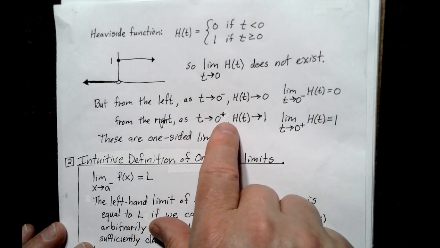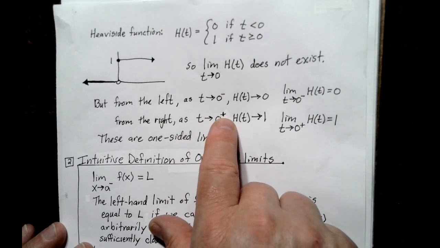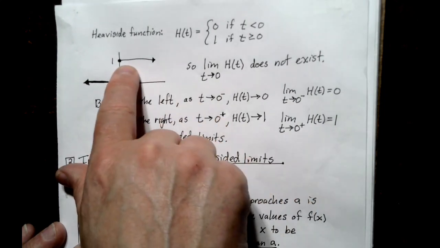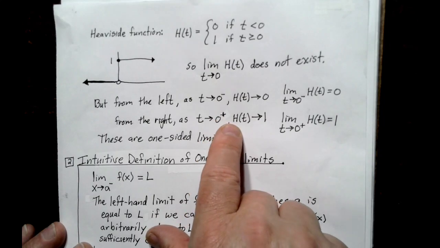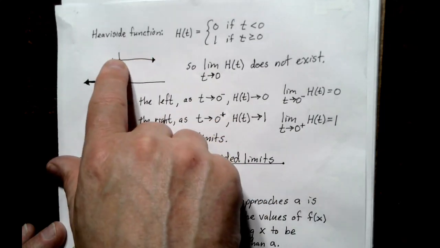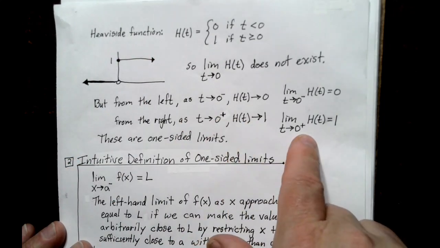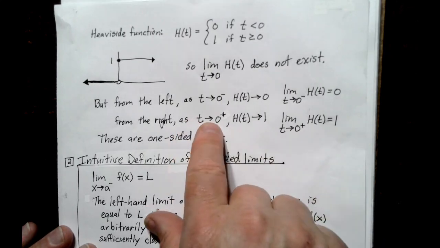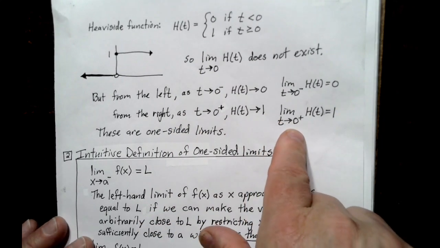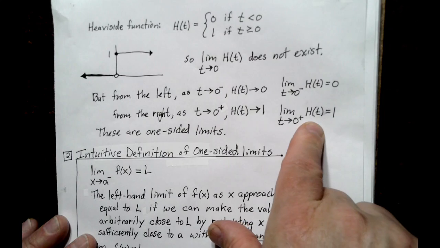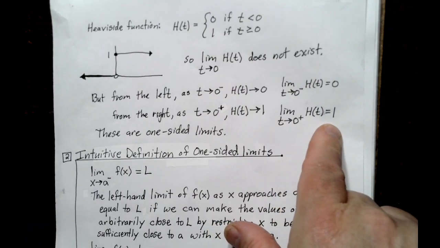From the right, if we put a little plus sign above and to the right of any number, that means you're approaching it from the right, numbers that are greater than 0. And we can say that h of t approaches 1 as t approaches 0 from the right, so we can now say the limit as t approaches 0 from the right of h of t equals 1.